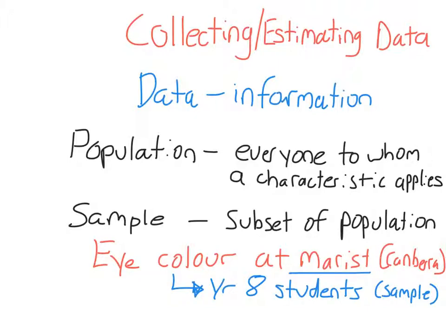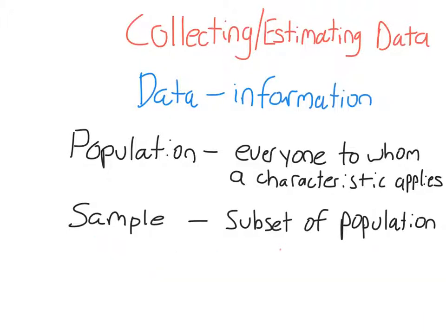That is an example of where Year 8 students represent a sample, but what about when they're the whole population? Let's say, however, that I'm interested in collecting data on how people did in the Year 8 test. I want to find information about Year 8 test scores. So in this case, I am interested in people who took the Year 8 test.